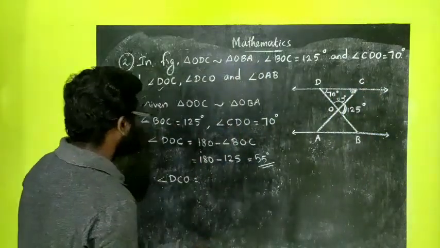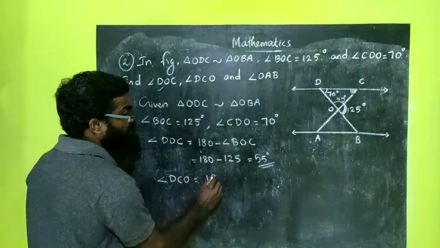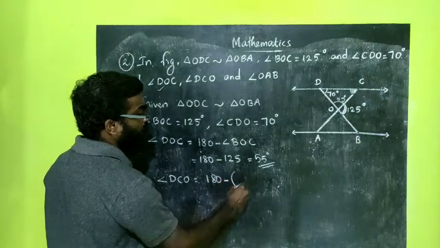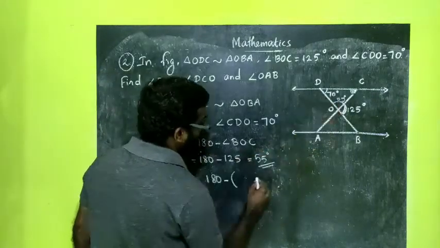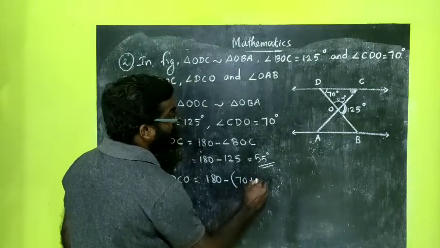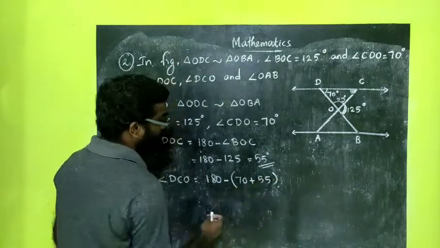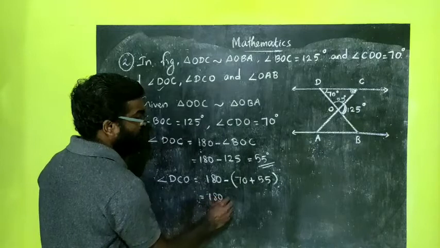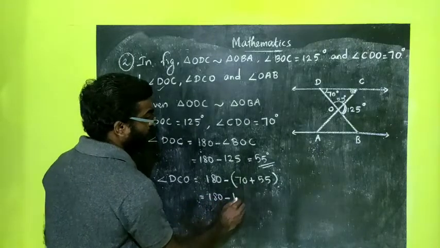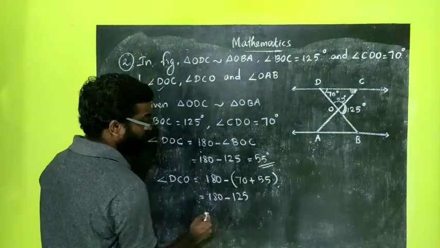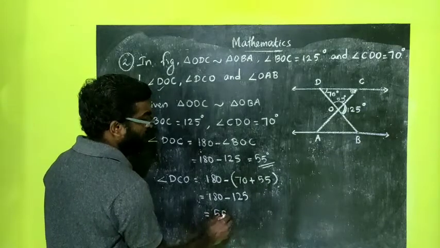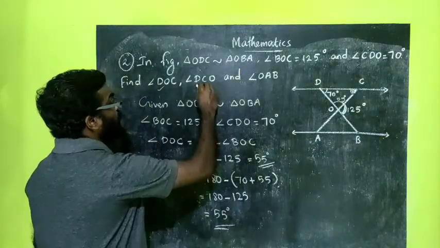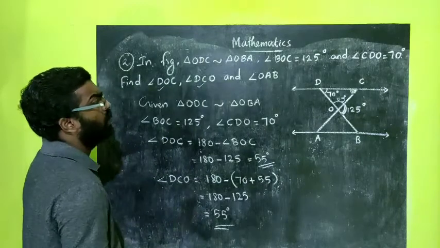So angle DCO is equal to 180 minus the sum of other two angles, that is 70 plus 55. So 180 minus 125 is equal to 55 degree. So DCO is also equal to 55 degree.